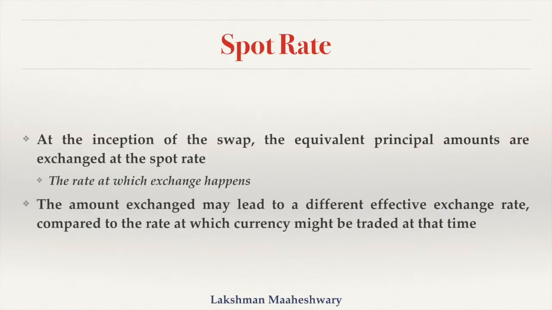Now at the inception of the swap, the equivalent principal amounts are exchanged at the spot rate. This is the rate at which the exchange happens. The amount exchanged may lead to a different effective exchange rate compared to the rate at which currency might be traded at that time.